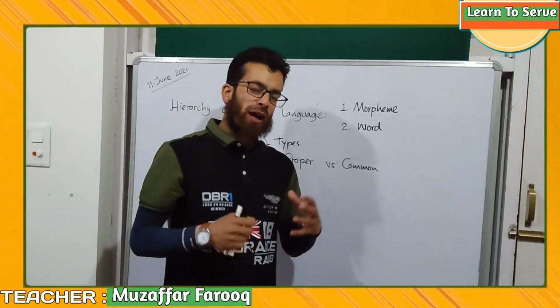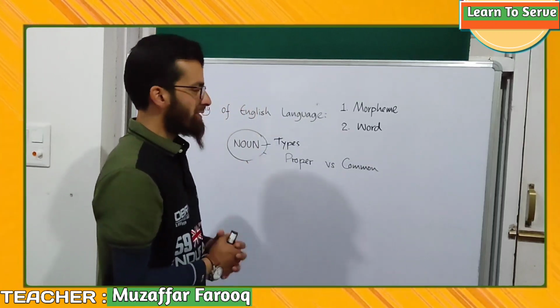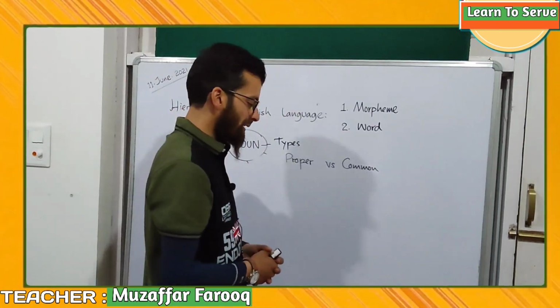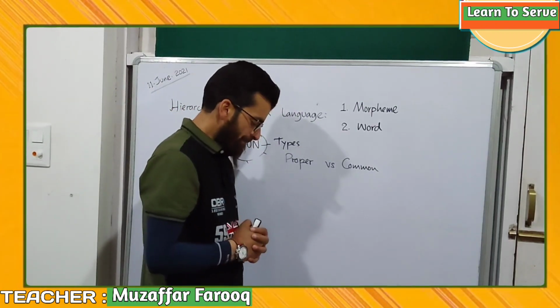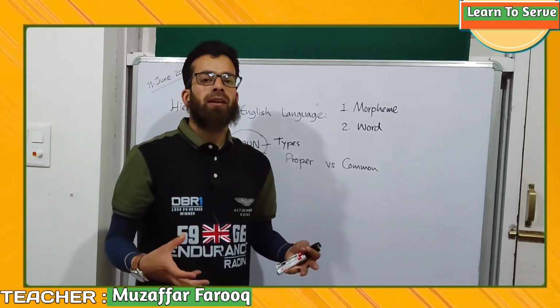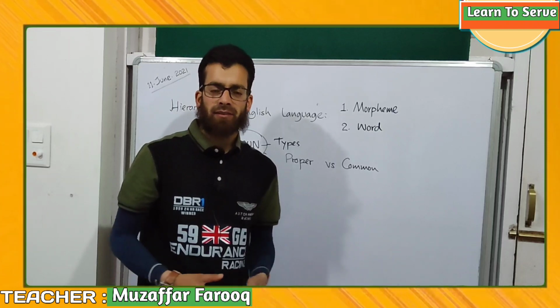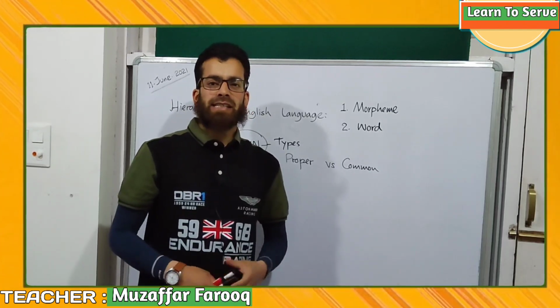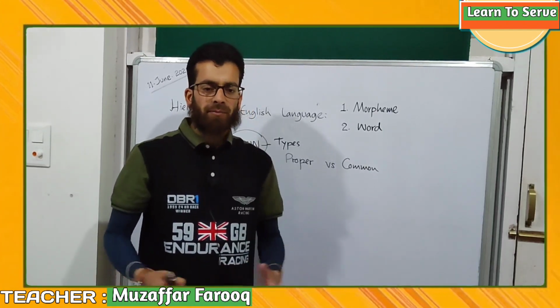So as far as proper nouns are concerned, we have, for example, personal names. Personal names like maybe Abdullah, Ahmad, Muhammad, David, John, Ram.